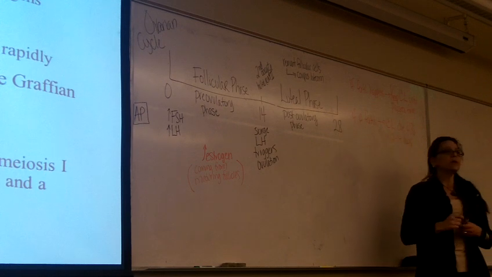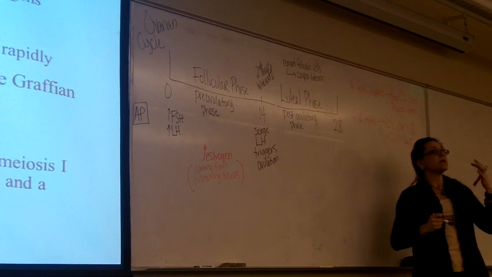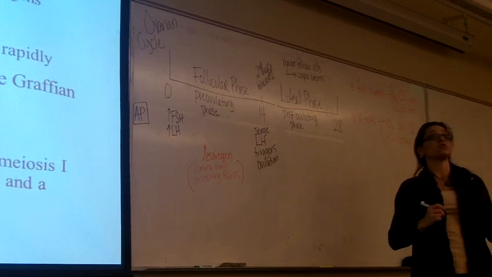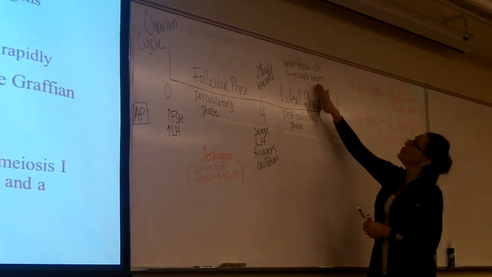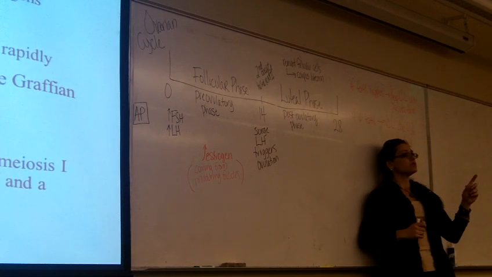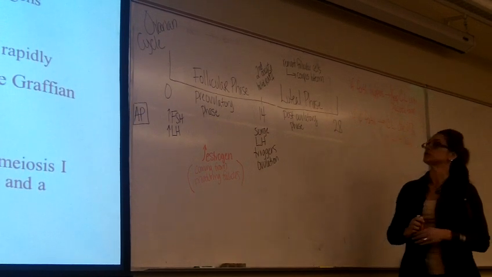Now, the corpus luteum is important because it is a hormone-secreting structure. It is an endocrine structure. And what it produces is progesterone. A little bit of estrogen, but a whole lot of progesterone.